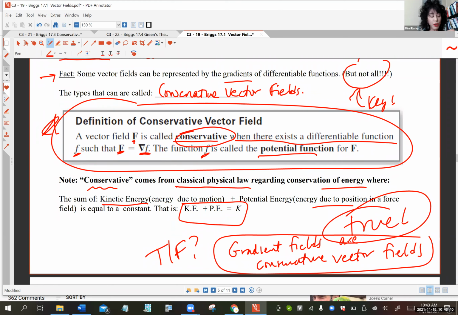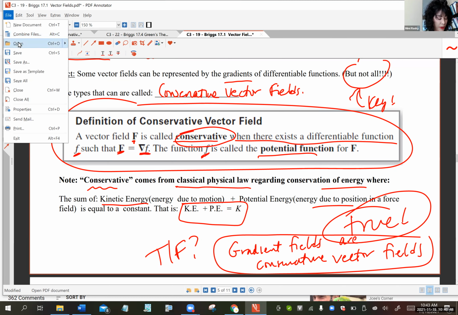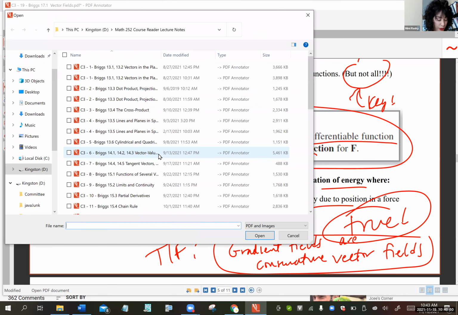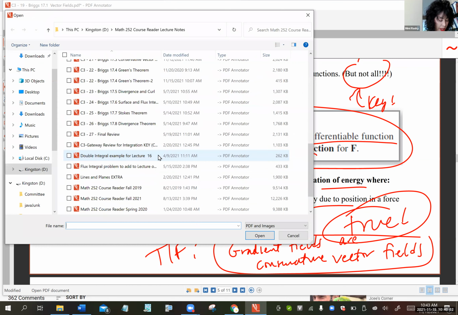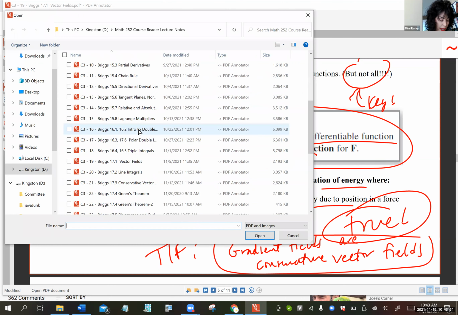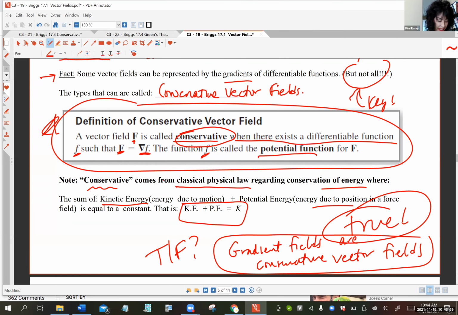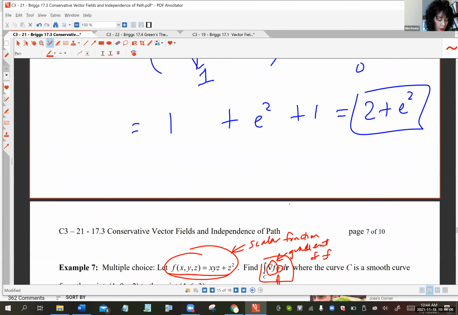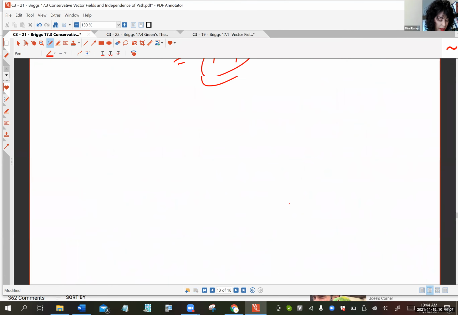So then what? Well, look, if you've got the mama function already, then you're halfway there. Well, what do you mean? Well, let's go look at another part of your lecture notes. Let's go look at the section that we're in right now. Let's go look at the fundamental theorem of line integrals.